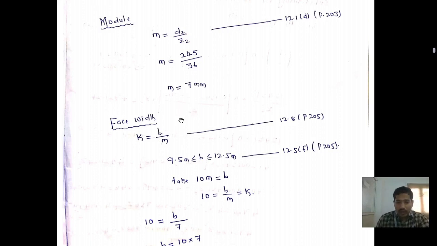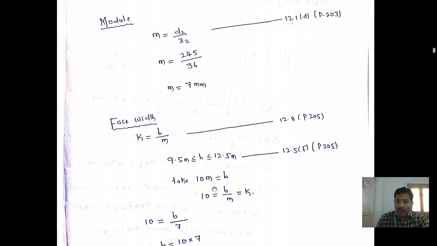We know this equation from page number 205, the equation is 12.5. 9.5 times module should be lesser than width, which should be lesser than 12.5 times module. So we know very well this b value should lie in between 9.5 and 12.5 times the module.